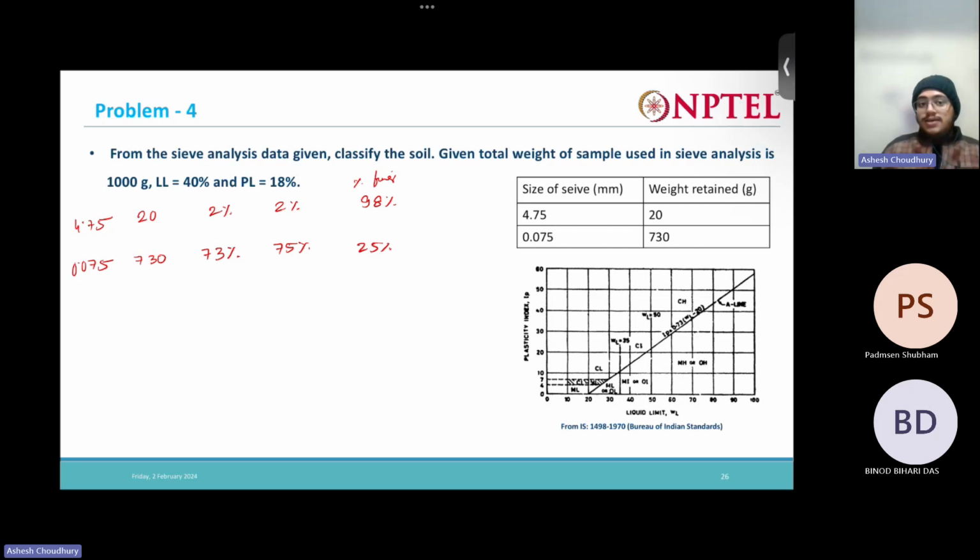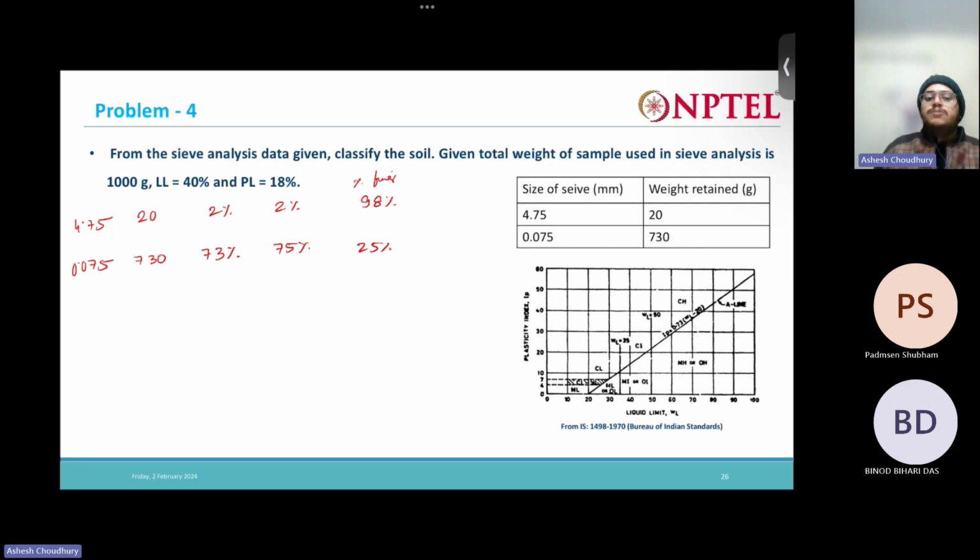How are you saying this is fine? Whenever more than 50% is finer than 75 microns, at that time you can say that the soil is fine. But here only 25% is finer than 0.075 mm, right? That's why the soil is coarse only. And in coarse also it will be sand, because 98% is passing through 4.75.